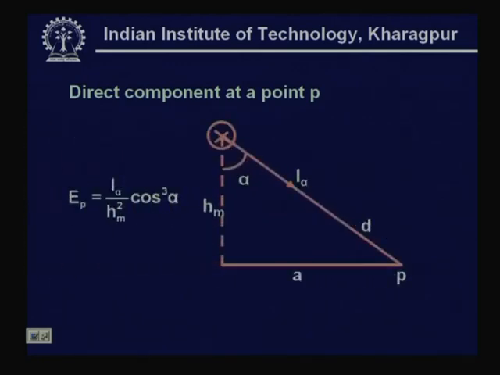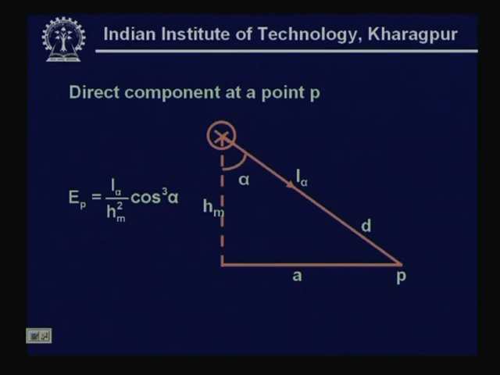The direct component at a point P due to a lamp located at a height Hm from the work plane, at any point P which is at distance d, is given by this. Recall, if I were to calculate the lux level right below the lamp, it would be I by d squared, and that at P, I by d squared, where d is equal to Hm, that is I by Hm squared.